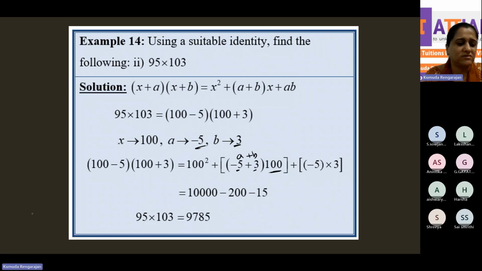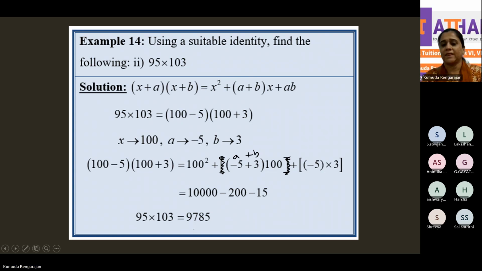This bracket is just for you to be careful while calculating. Otherwise, you can remove this bracket. See, this is a plus b into x, plus a into b. This is a, this is b. Then you'll have to simplify. Minus 5 plus 3.